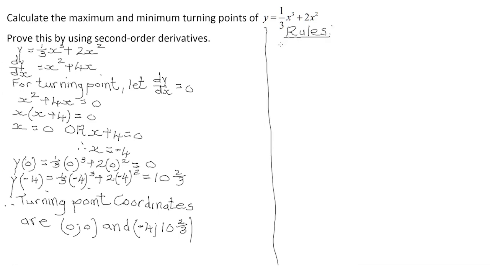I will just, in short, write: second derivative with respect to x, when that one is smaller than 0, that implies a maximum turning point.